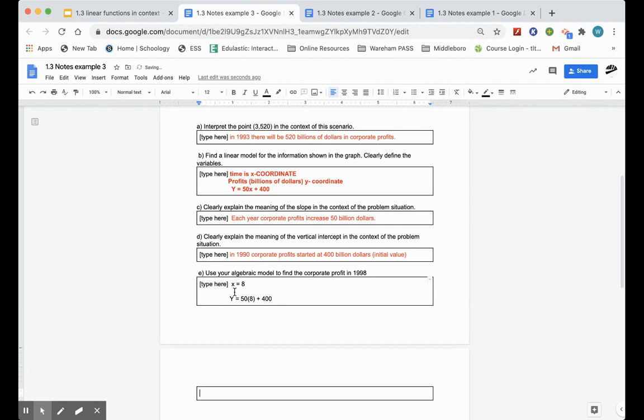I know that 50 times 8 is 400, so this would be y equals 400 plus 400, which is 800. So the answer would be $800 billion in profits in 1998.